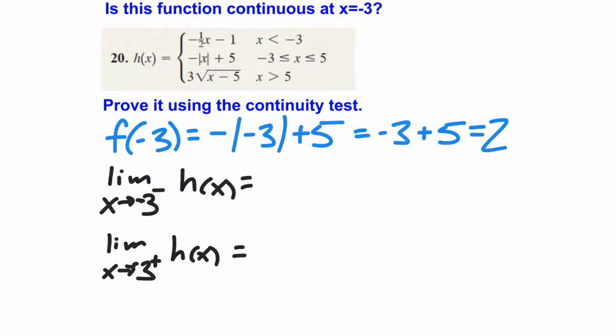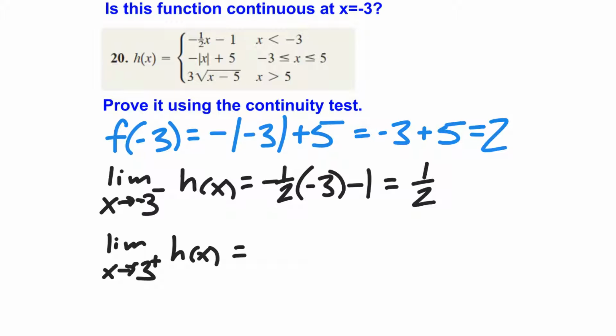The first, the second, or the third equation? The first. Yep. Because that's where the x's are less than negative 3. And notice it's actually touching on that negative 3. It's just going to the left of it, but not including the negative 3. All right, so if I look to see where that hole is, because this one, if I graphed it, would have a hole at that end, I would end up going negative 1/2 times the negative 3, minus 1. Well, the negative 1/2 times the negative 3 gives me 1.5. 1.5 minus 1 gives me 1/2.